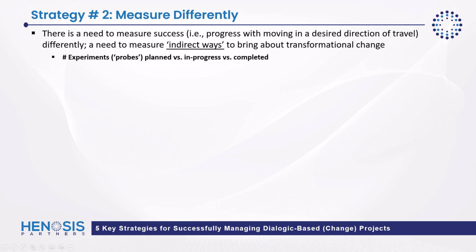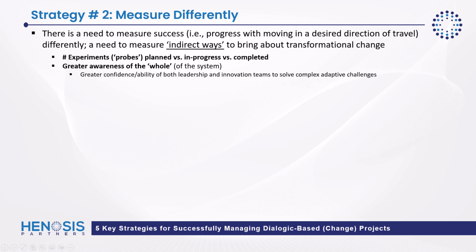Another way to measure indirectly the extent to which transformational change is occurring is to measure whether there's a greater awareness of the whole of the system from those participating in the change effort. So, for example, is there greater confidence in the ability of both leadership and innovation teams to solve complex adaptive challenges?